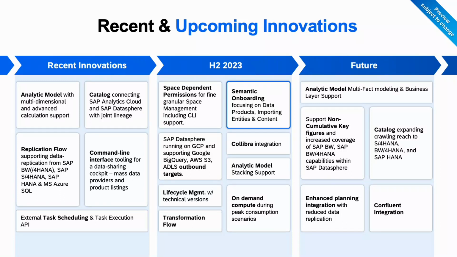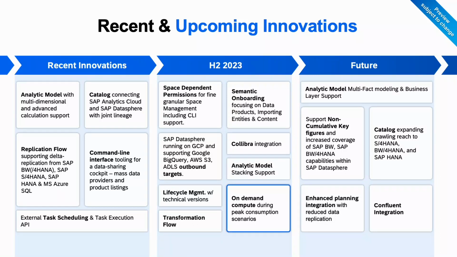In the end, it is a unified entry point for semantically rich model generation and import into SAP Datasphere. Based on our partnerships, the integration with and towards Collibra will materialize itself in the second half of 2023 as well, with API exposure of catalog asset metadata, for example.